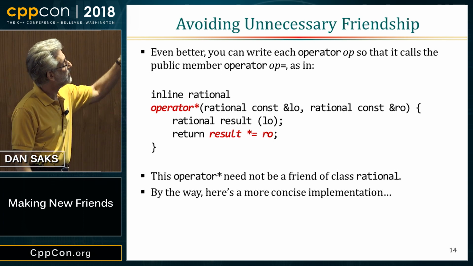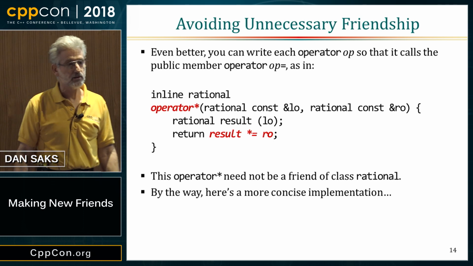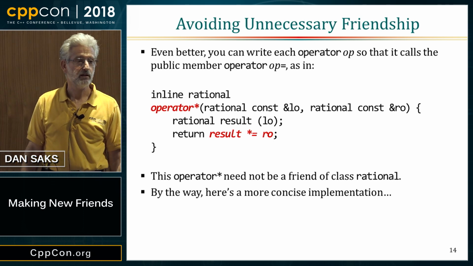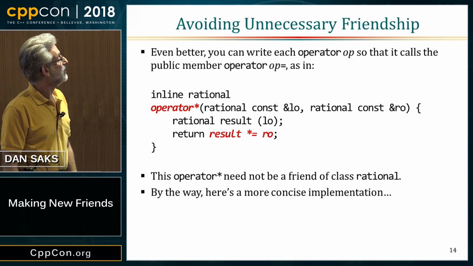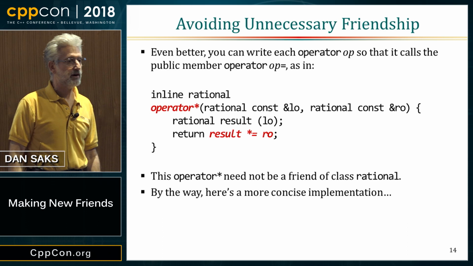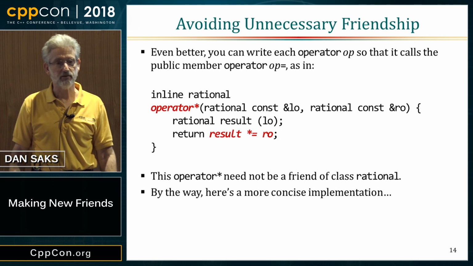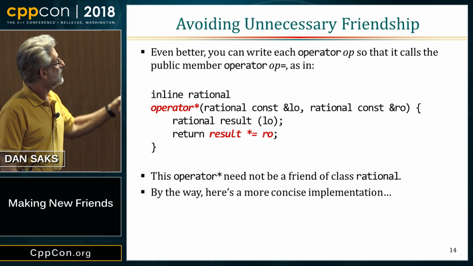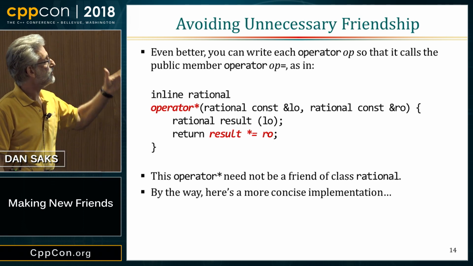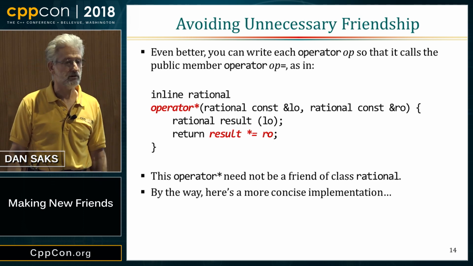The hitch in this particular packaging, though, is notice that the operands of the operator star are both passed by reference to const. We do that. This is an example of using pass by reference to const to mimic the behavior of pass by value. And in this case, the fact that the left operand is by reference to const means that you can't use either the left or the right operand to accumulate the result.